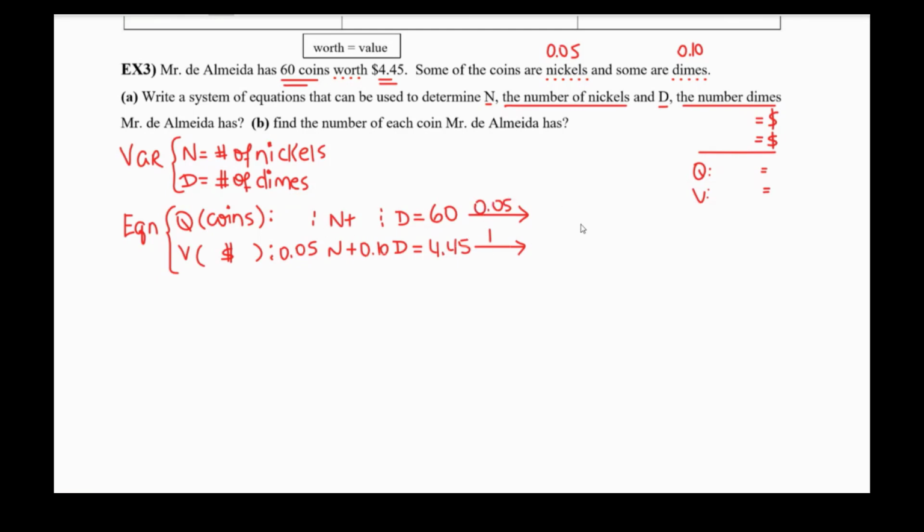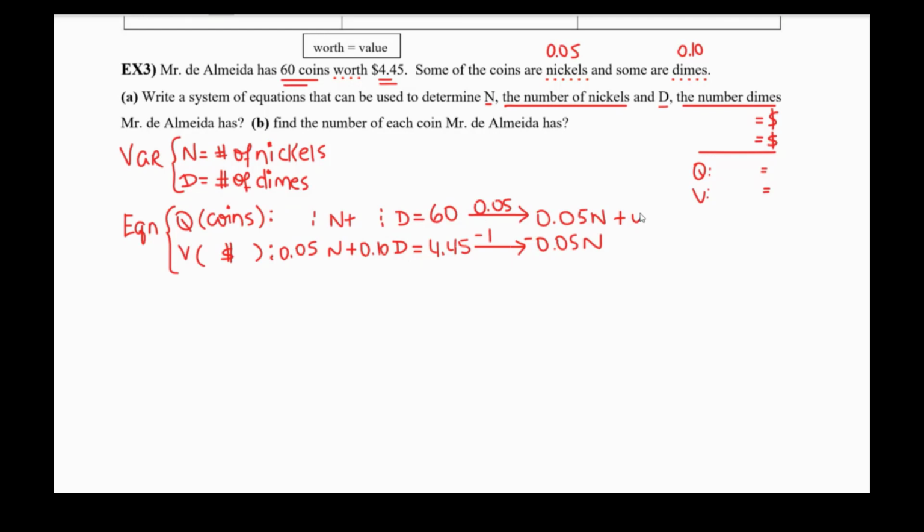And when we multiply, we're going to get 0.05n, and on the bottom, we're going to get 0.05n. We're going to add a negative there, and so now this becomes a negative 0.05n. And now they're going to cancel, so we multiply the rest.